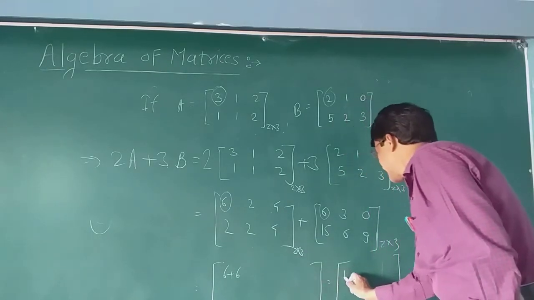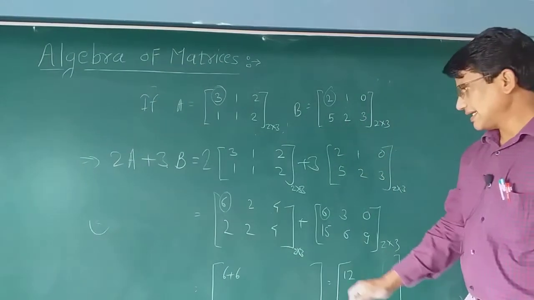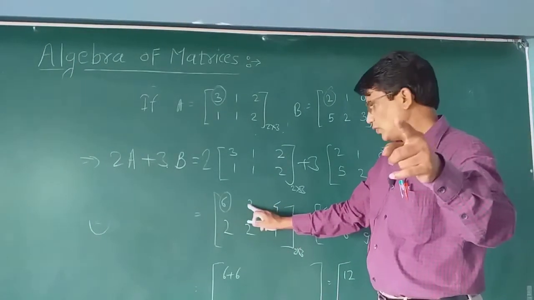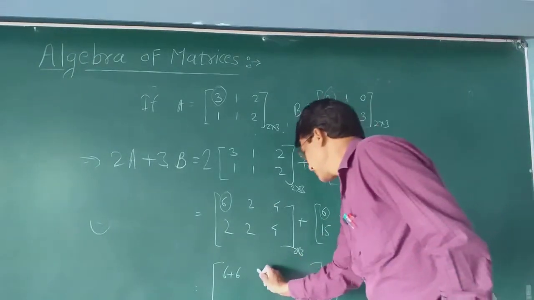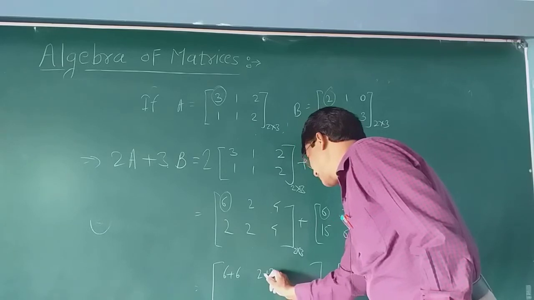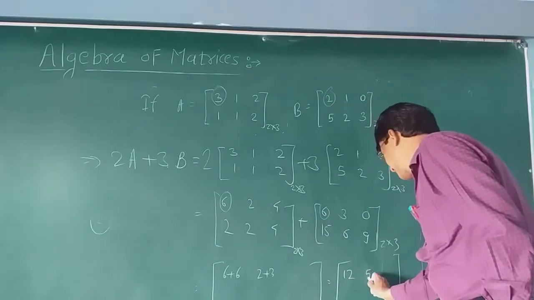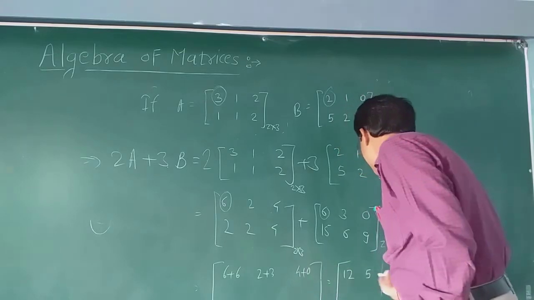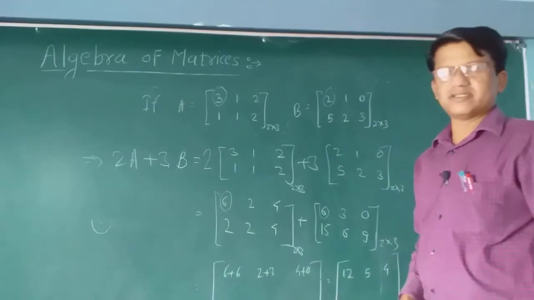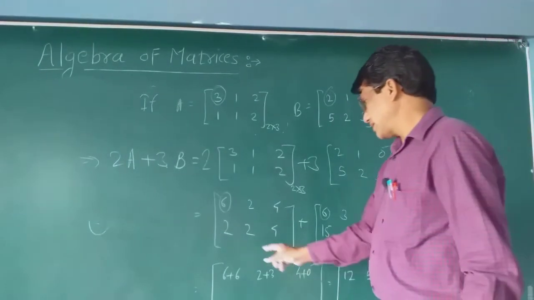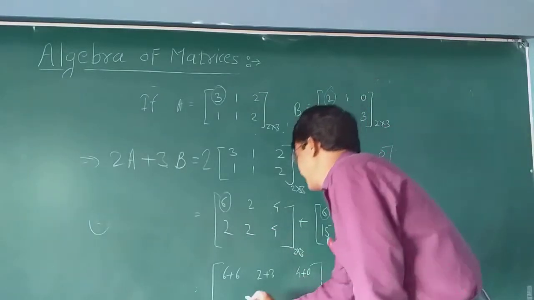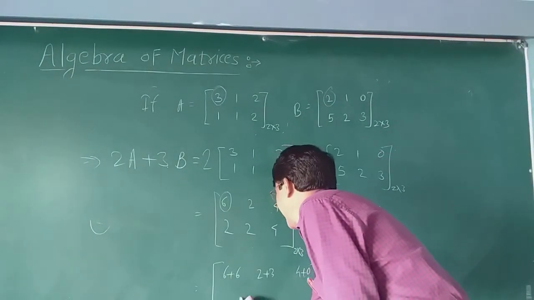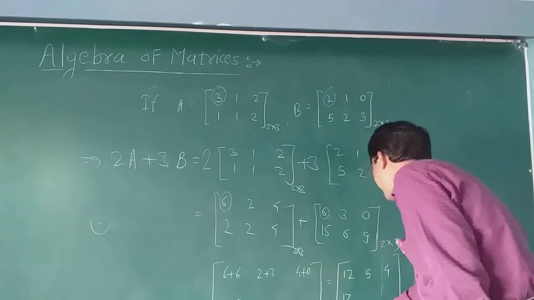6 plus 6, it is 12. Second element, here is the number 2, here 3. 2 plus 3, what is the answer? 5. Here 4 plus 0, answer is 4. This is row number first. Now here 2 plus 15, answer is 17.